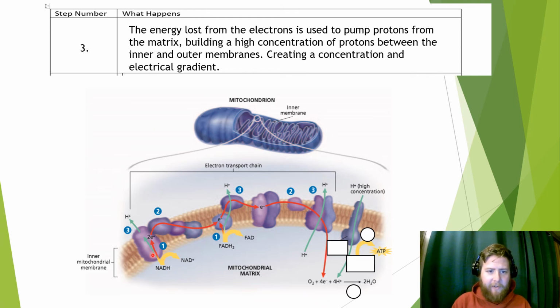Each time an electron moves through this chain, we pump one here, one here, and one at the end. So 3 different areas we're pumping these hydrogen ions out. What this does is create a concentration gradient and an electrical gradient. Now we have way more H+ out here and way more e- in here.